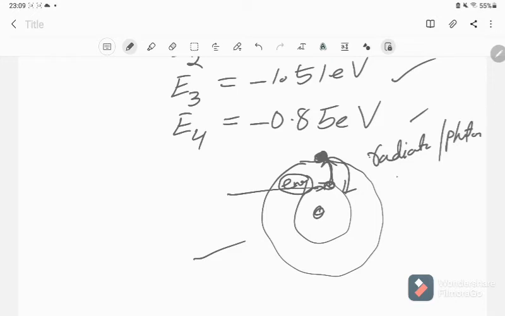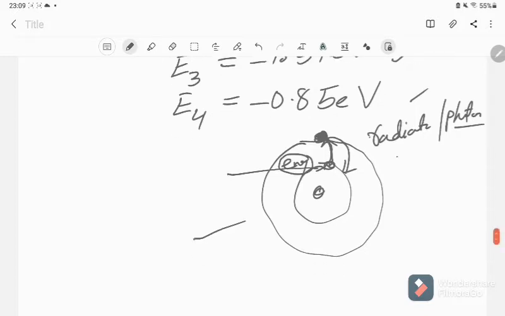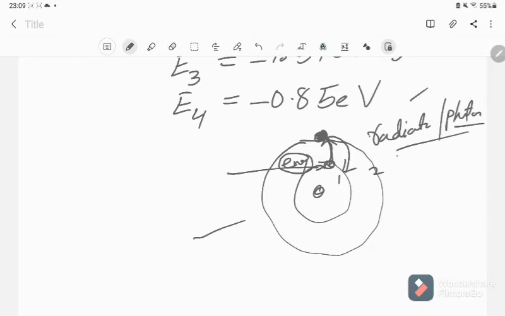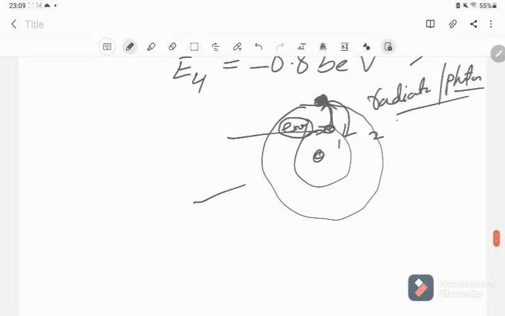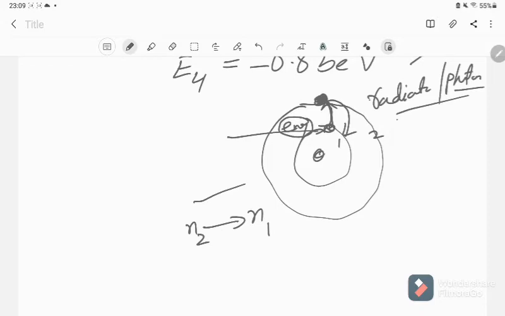The energy of such a photon is equal to the difference in energy of the two orbits. Here in this case the two orbits are orbit 1 and 2, so the difference in energy of these two orbits will be released in the form of radiation or photon. Here it is a transition from n2 to n1.